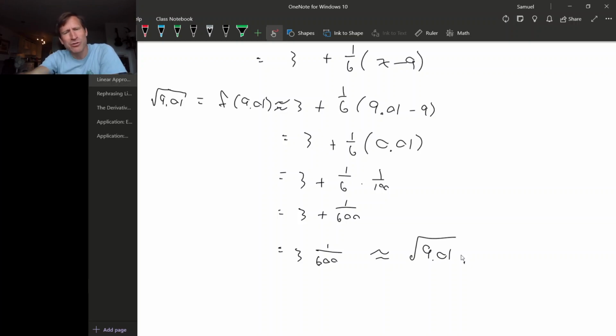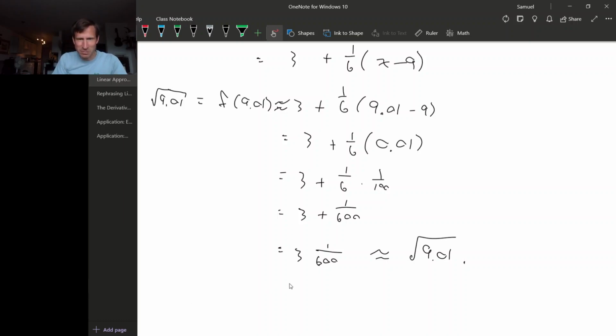So how good does this approximation do? Well, we do have calculators. So just to see how good this quick and dirty approximation does, let's compare the value of 3 and 1/600th according to the calculator.